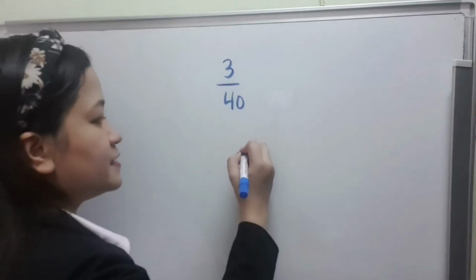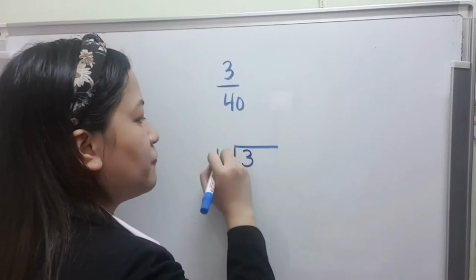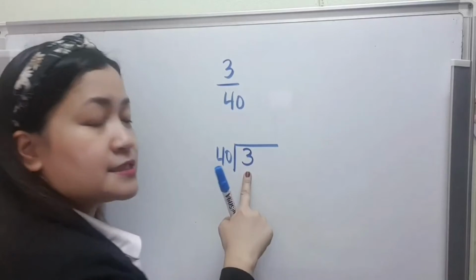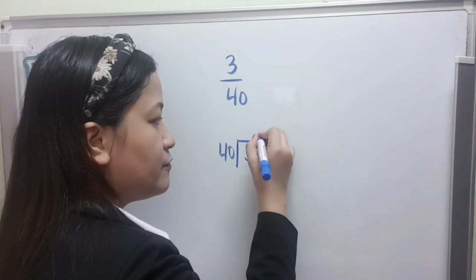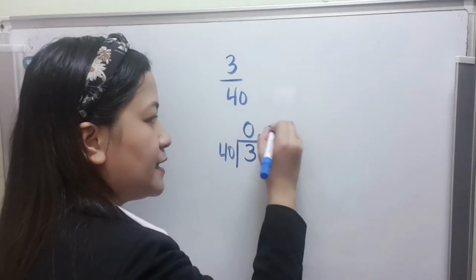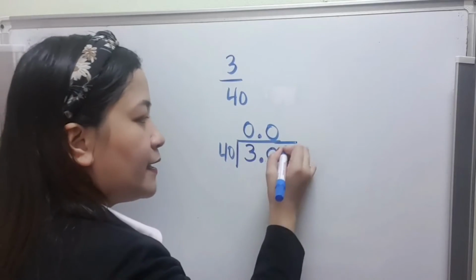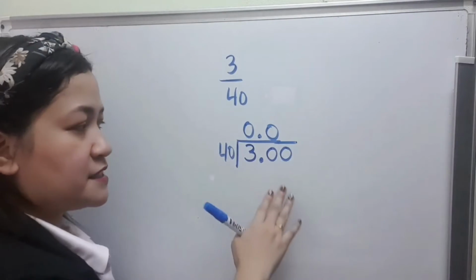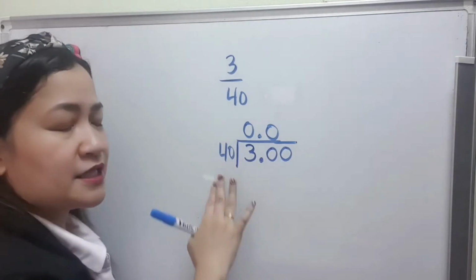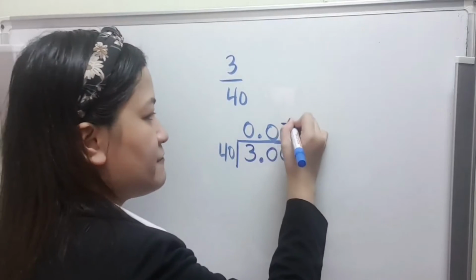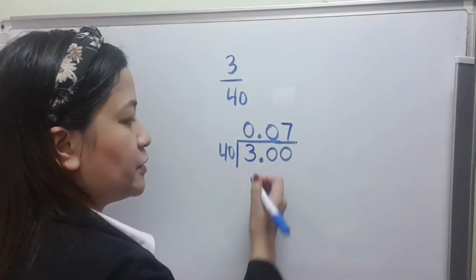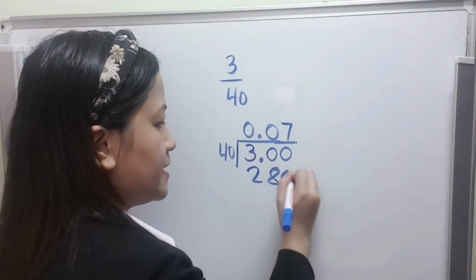So this will give us 3 divided by 40. Since 3 is smaller than 40, you have to put 0.0, align the decimal point. That's still 0. Add another 0, so that gives us 300 divided by 40. 300 divided by 40 is 7. 7 times 40 is 280.